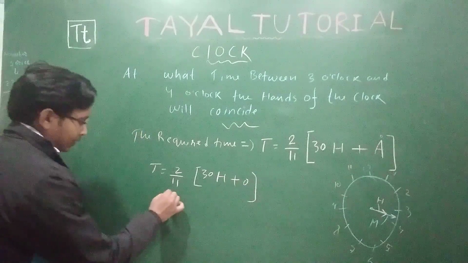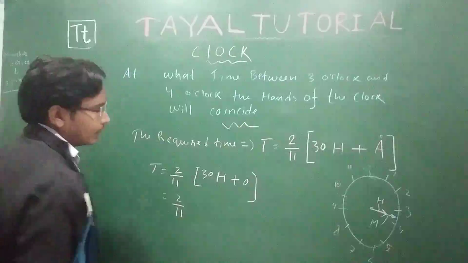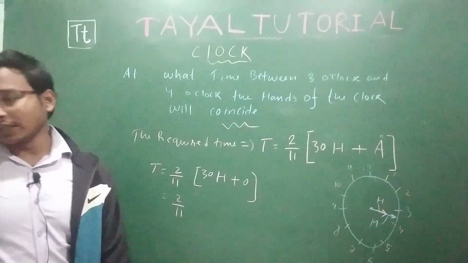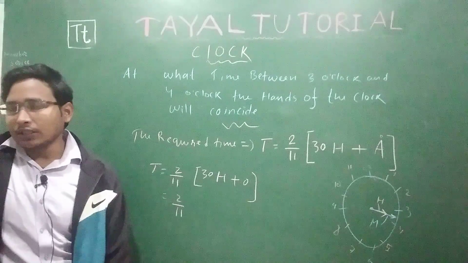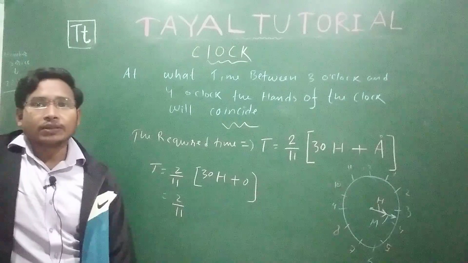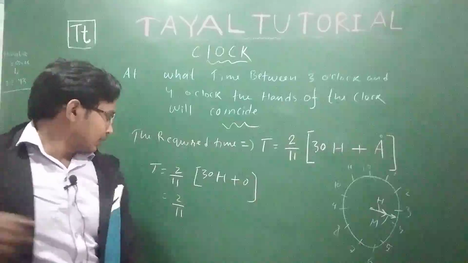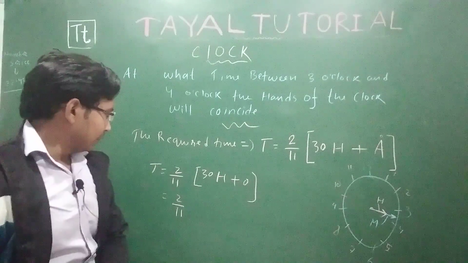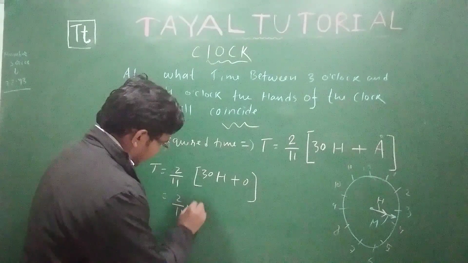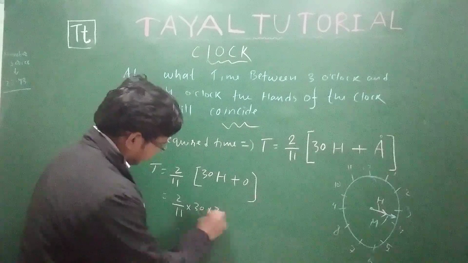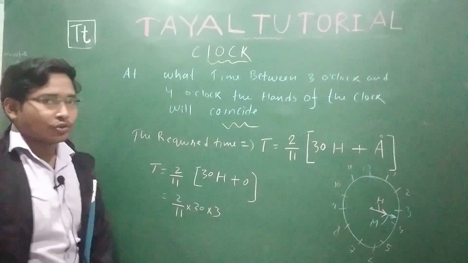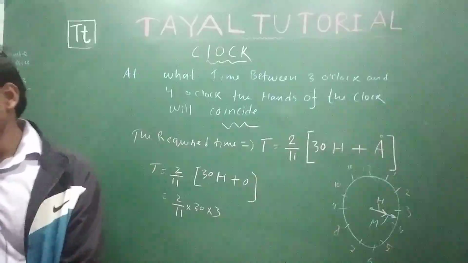That is 2 by 11 into 30. Between 3 and 4, in place of h, the hour, you take 3. That is 2 by 11 into 30 into 3. After solving you will get some value, that will be the answer.